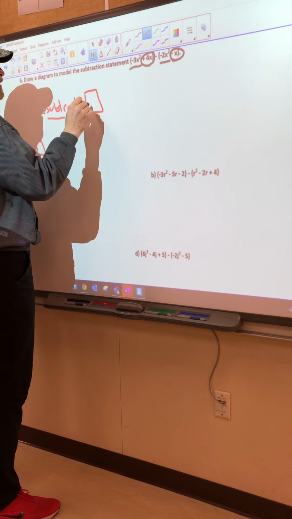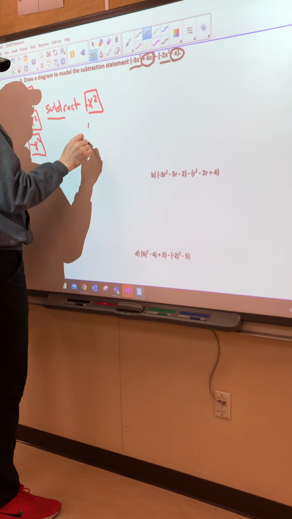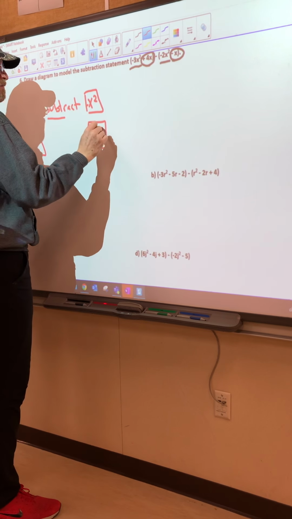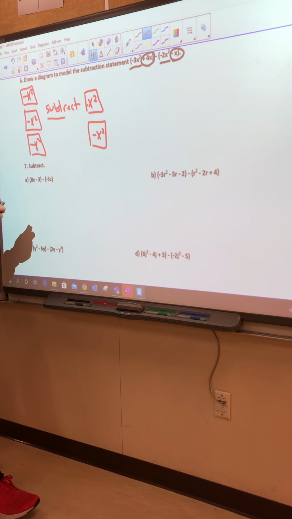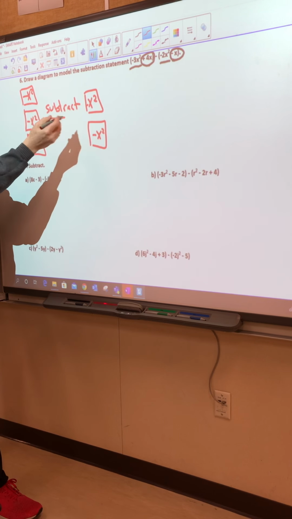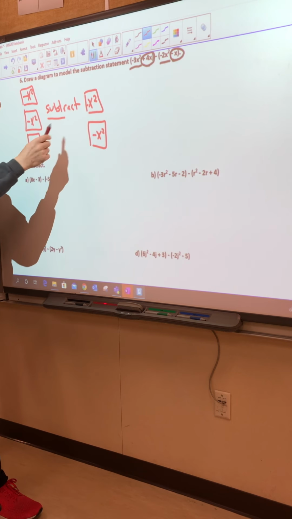So we have 2 more of these negative x squareds. Now if we were to add a negative, we'd have 5 negative x squareds. But we're subtracting a negative, which means it gets warmer. So it's the same as adding a positive. Subtracting a negative is the same as adding a positive. So this is going to be negative x squared, okay?